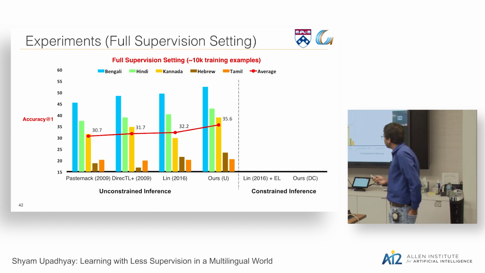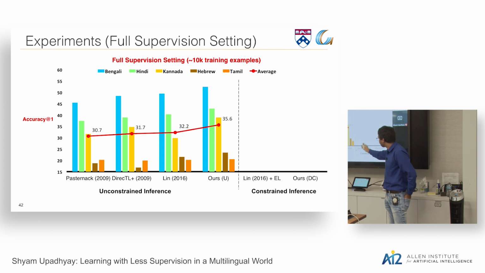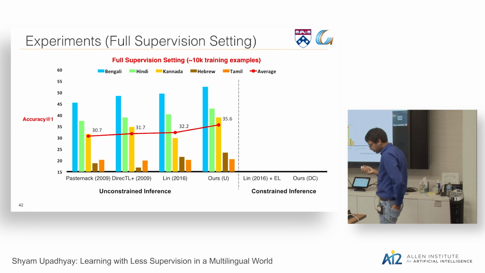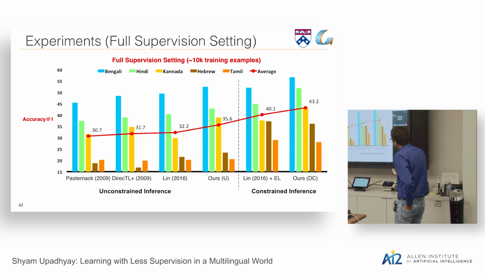So in the unconstrained inference setting, we improve on the previous works. And the main reason that we improve is because we have the monotonicity constraint baked into the model. I'm not going to go into the details of that. And again, for the constrained inference setting, we improve upon another approach which uses an entity linking model to improve the beam search, to re-rank the items in the beam.